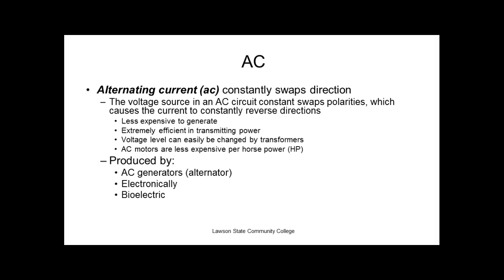DC. AC is produced by generators, electronically, or bioelectrically. When I started dealing with this, I didn't know that electric eels produce AC. They produce two voltages, a real high voltage and a low voltage, but one of them is AC, which is pretty neat.